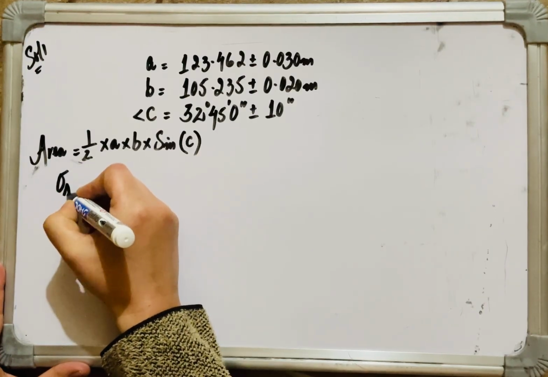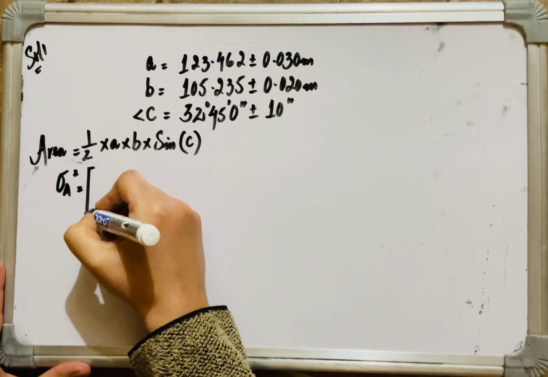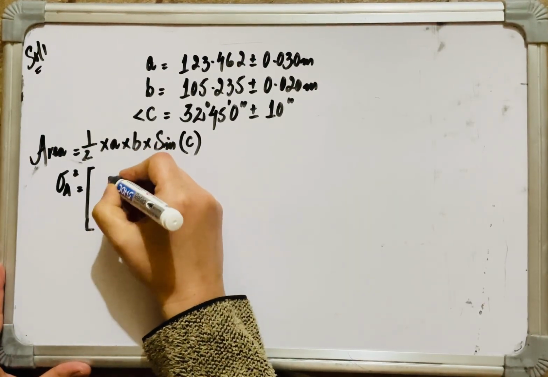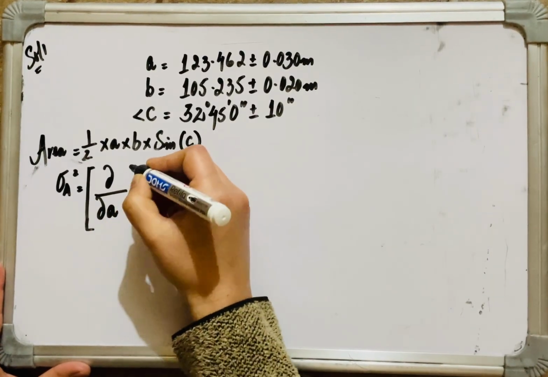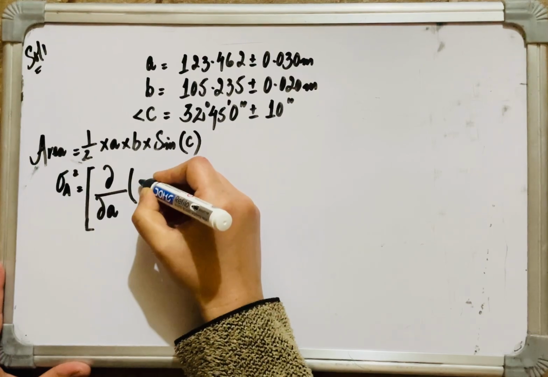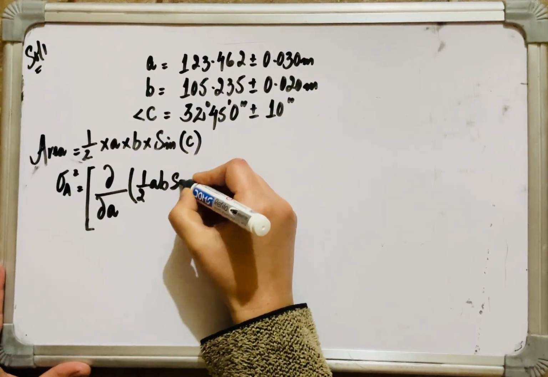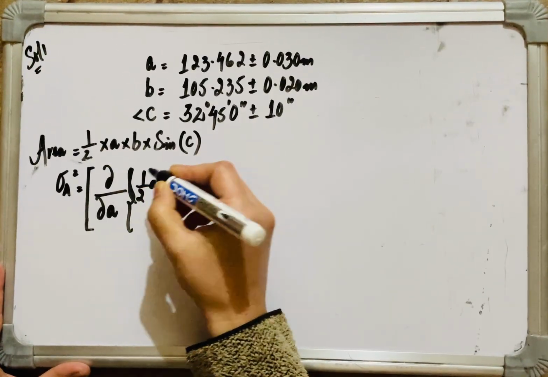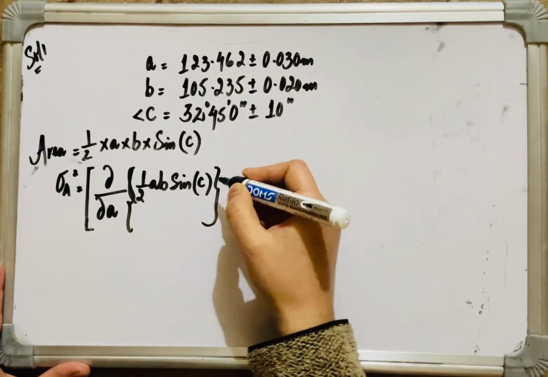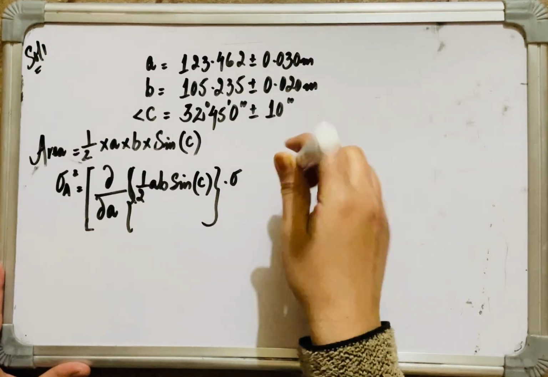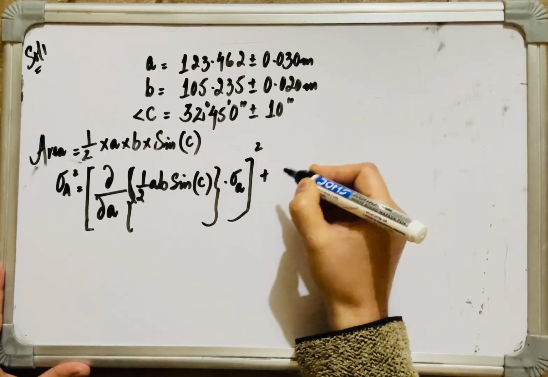That means sigma A square is equal to, let me differentiate it first with respect to one side. This is 1/2 of B sine of C, standard error in this side, square of it, plus the same thing.